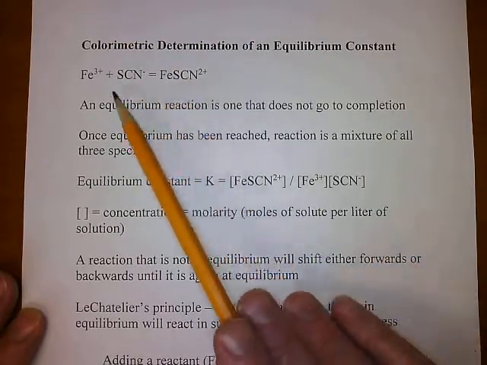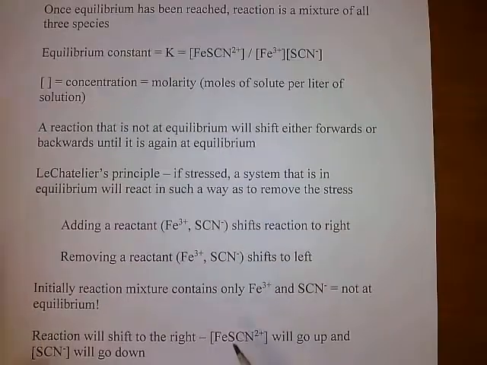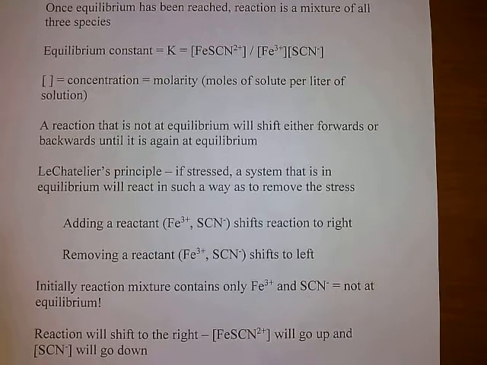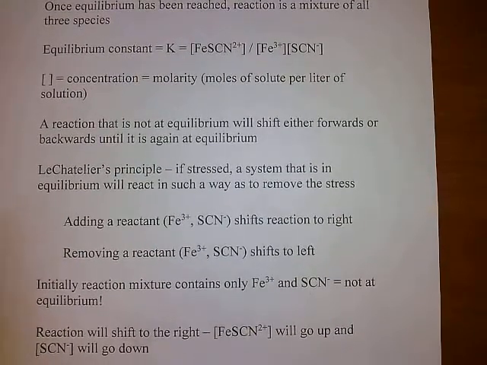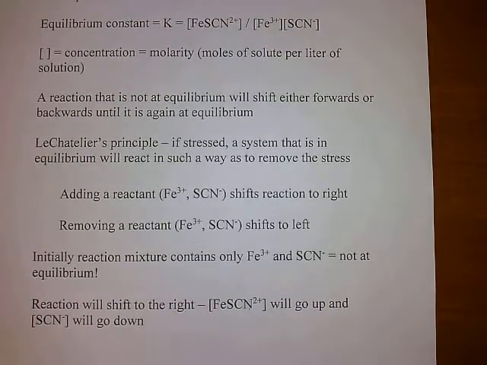This goes up some, and these two go down until it reaches its equilibrium. So initially there's only iron 3 and thiocyanate, so it is not at equilibrium. The reaction will shift to the right, meaning that as this is produced, the iron 3 and the thiocyanate will both go down.